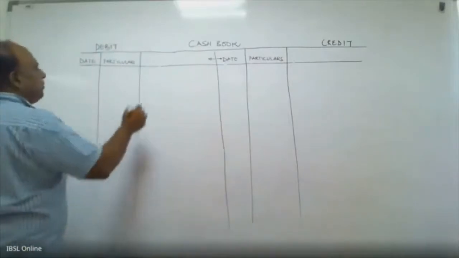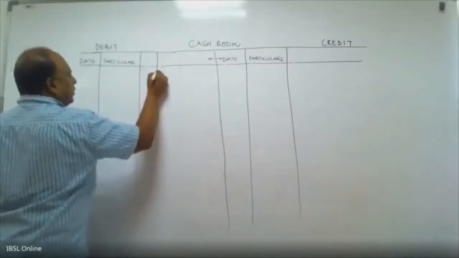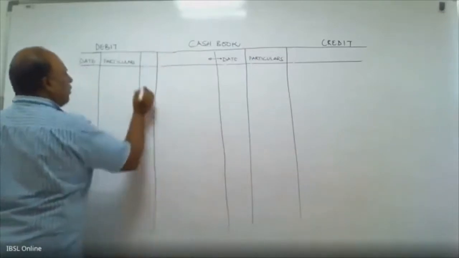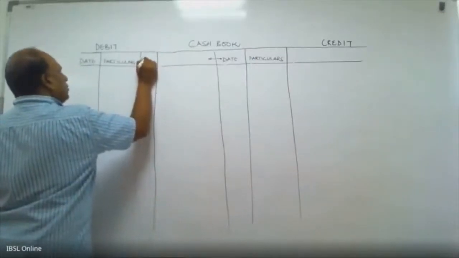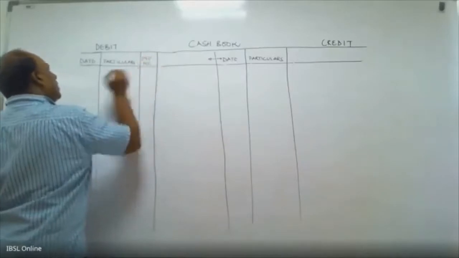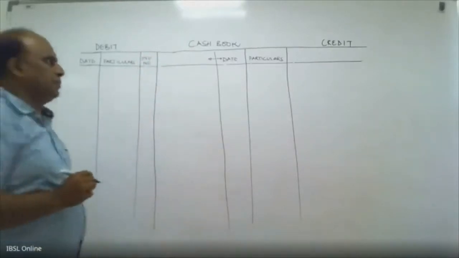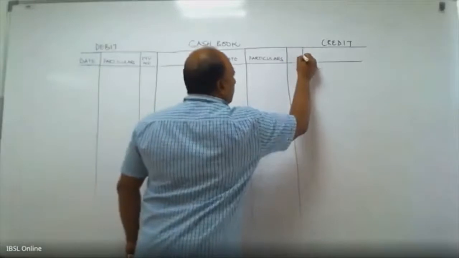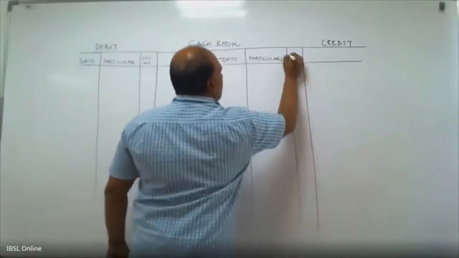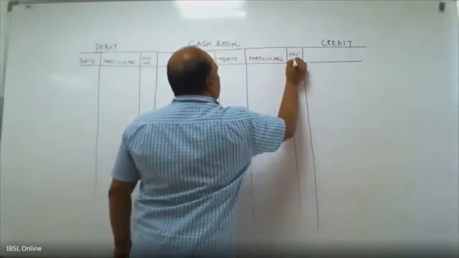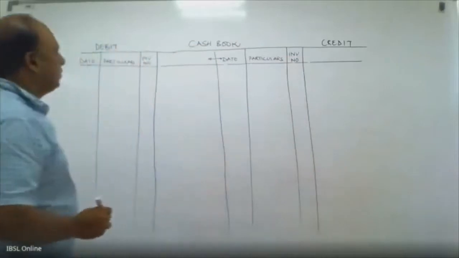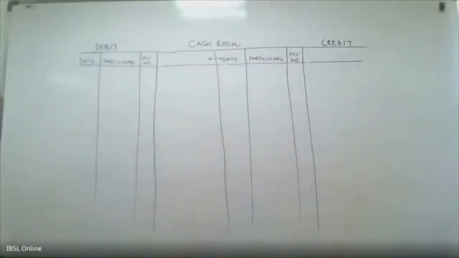Thirdly, for this transaction, do you have any invoices? So we call it the invoice number. That is the third column.